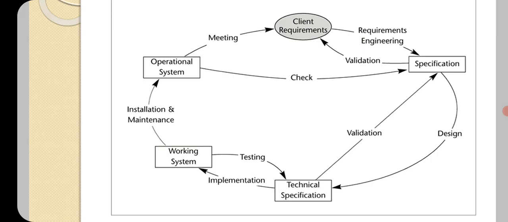After completion of the specification report, the design phase will start, and the system design will be prepared and tested by technical people according to their needs and specific requirements. After preparing the technical specifications, the implementation phase will start.